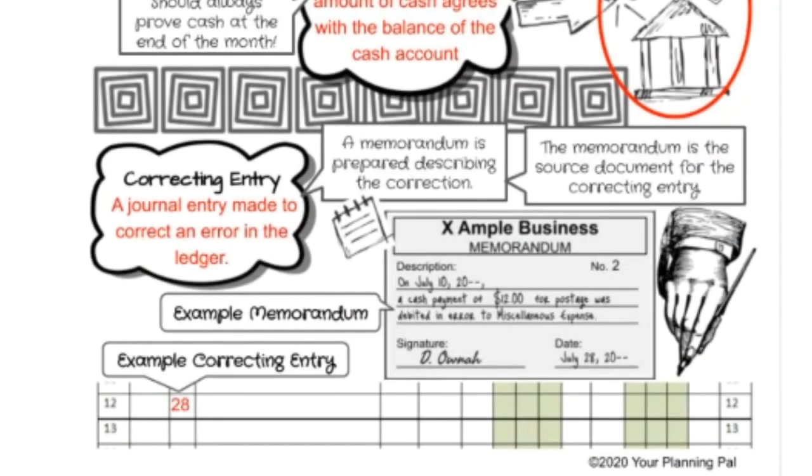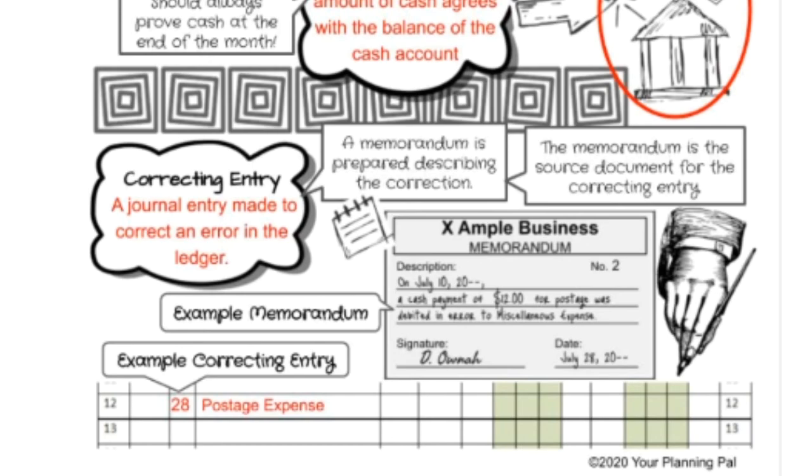So what we do is we take the date, and it's the 28th, and you'll see here that we're on rows 12 and 13. So it's already understood that this is July because the first row of this journal page has July and the year. So we're just going to put the day 28. And then we are going to debit postage expense because we accidentally debited it to miscellaneous expense. It was meant to be debited to postage expense.